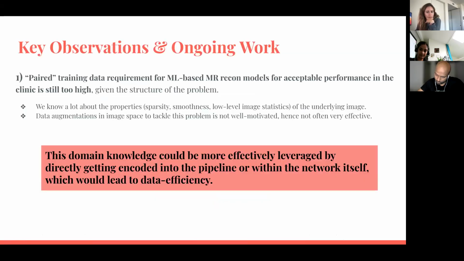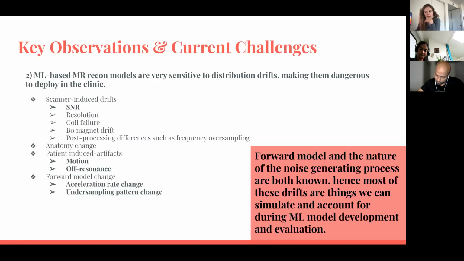Because again, we know exactly how to simulate noise in the MR case. It's just additive white Gaussian noise in k-space, so you can simulate that and account for it. For certain other things, obviously, it's harder to simulate.